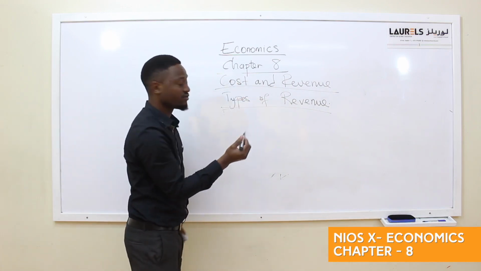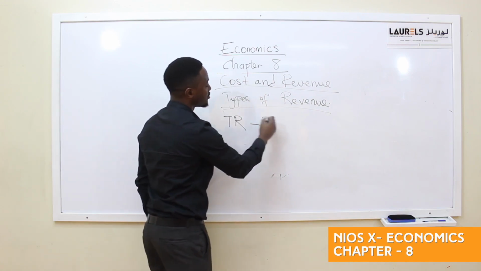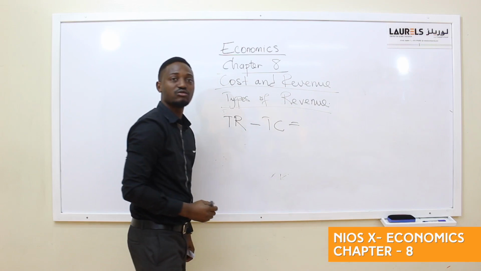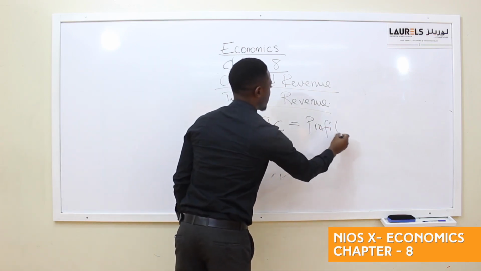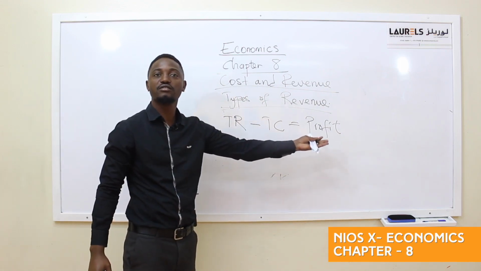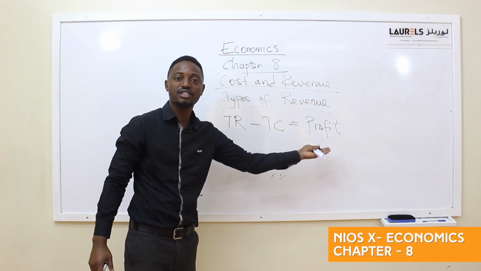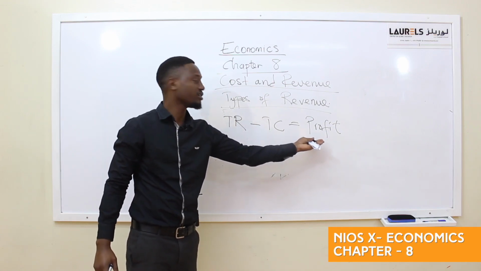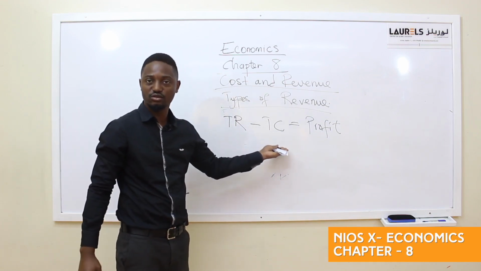When we look at this formula, total revenue minus total cost, it is expected to give us what we know as profit. This is the reason why most businesses or firms are involved in production, because they want profit. Profit is the positive difference between the total revenue and the total cost.